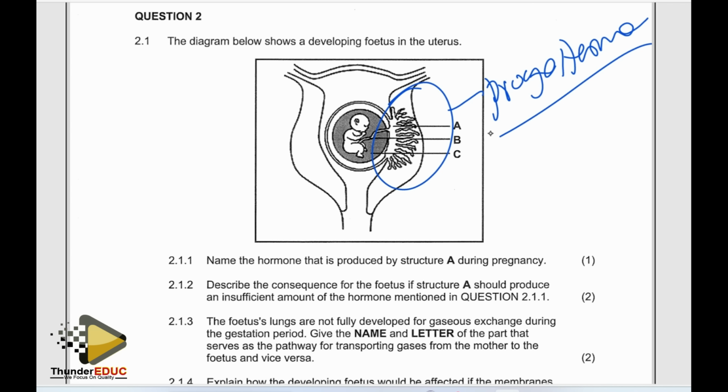So name the hormone that is produced by structure A. Definitely, that hormone is progesterone. Is it clear?